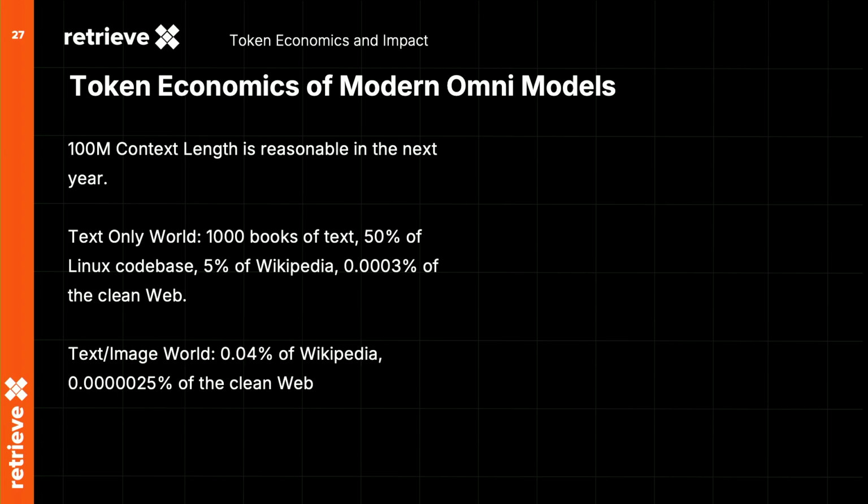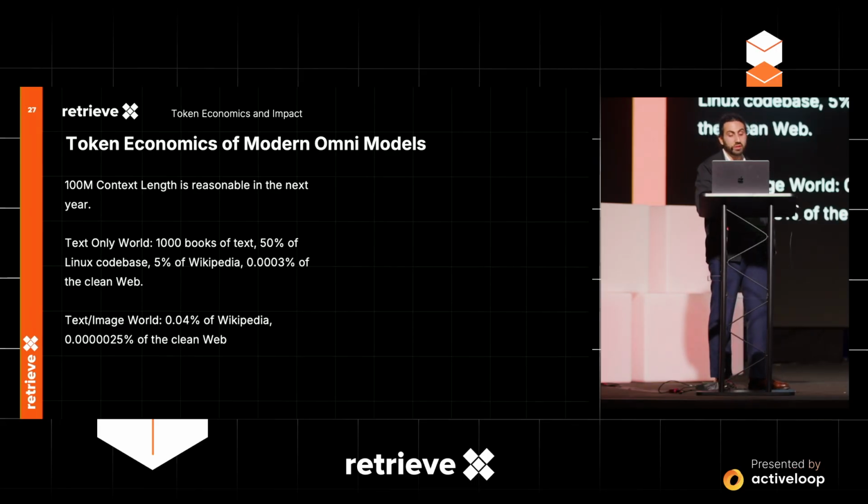But this is where things start getting interesting. If you start thinking about having private semantic knowledge that is multimodal in nature, you start seeing that this drops quite significantly. We go from 5% of Wikipedia to 0.05%, and all of a sudden you actually do have to use RAG again, because although context length went up, the density of information that we want to put in goes up as well.